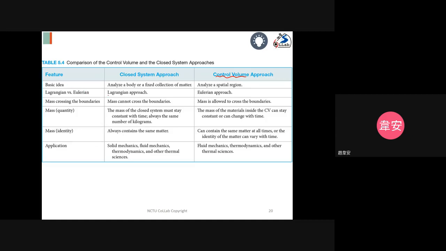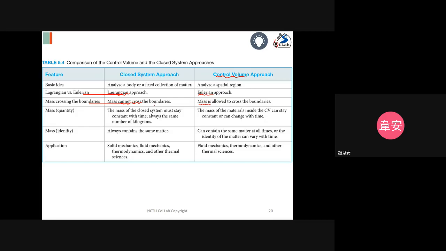Again, the idea is that the closed system focuses on the Lagrange approach, and the control volume is based on the Eulerian approach. In the closed system, mass cannot cross the boundary, but in the control volume, mass can transfer and cross the boundaries.